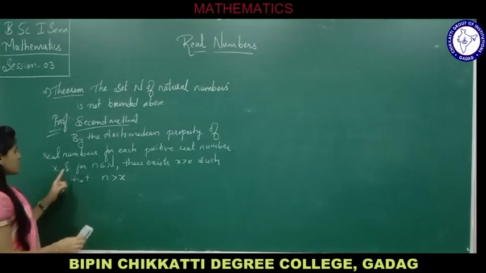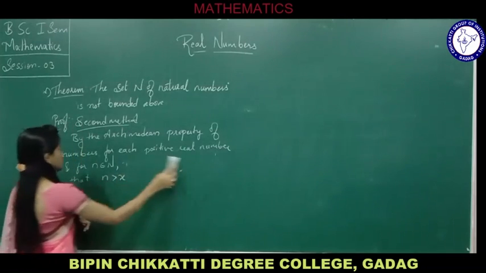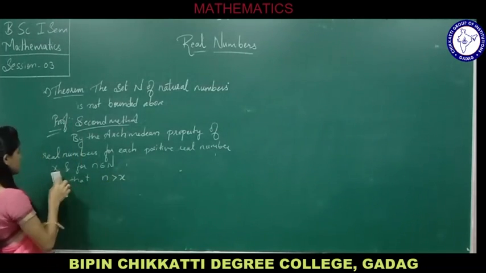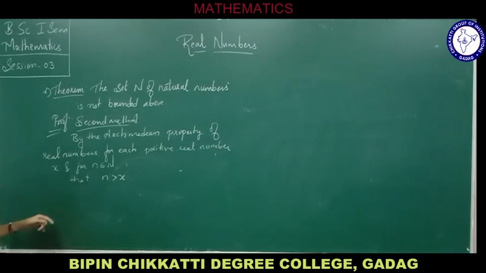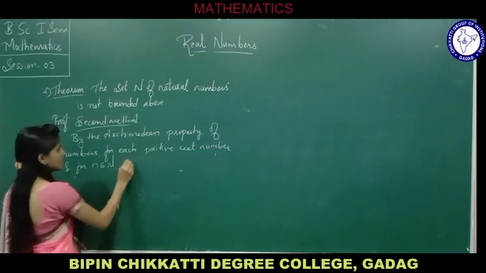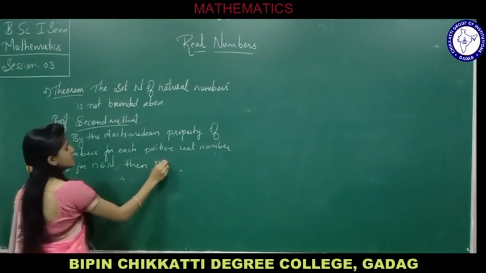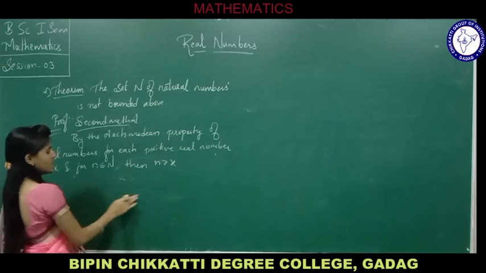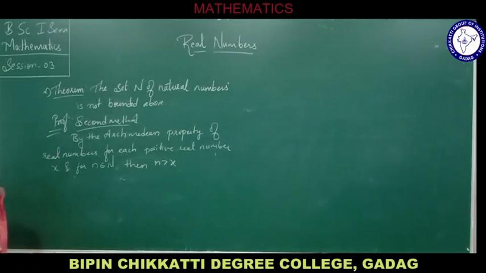See what happens? For a positive real number x and for all n belongs to N, what are we going to get? We are going to get that this n is greater than x. If so, what is going to happen by this?